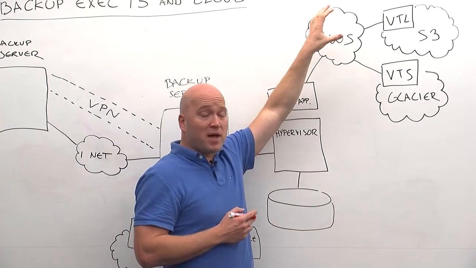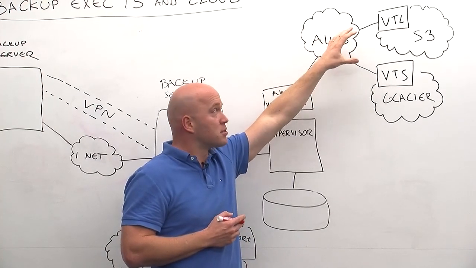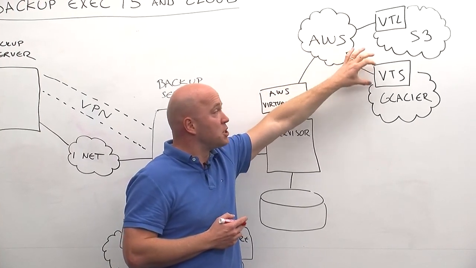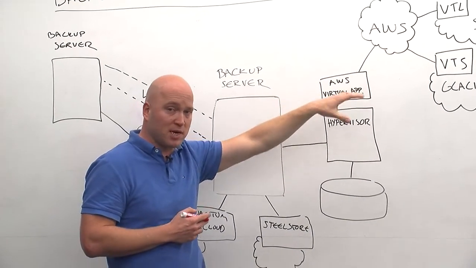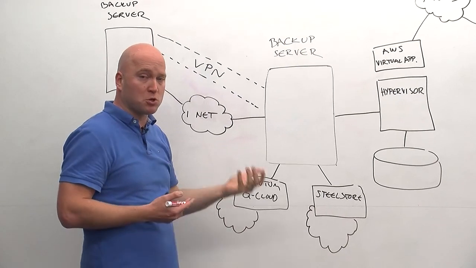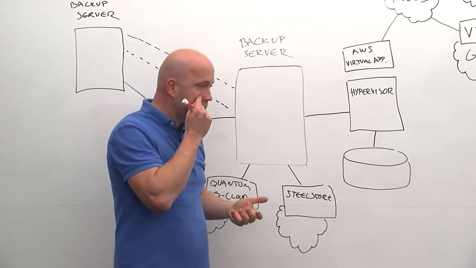You can also, from the Backup Exec UI, move your long-term archives away from the VTL into the virtual tape shelf, which is powered by Glacier on the Amazon side. So you get the best of both worlds, short-term and long-term storage in the public cloud.